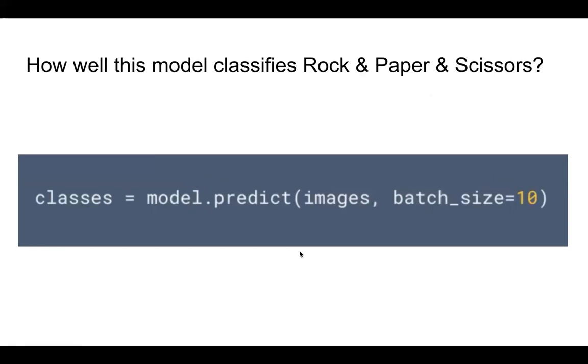And to predict how good our model classifies rock and paper and scissors, we're gonna use the predict method and give our model some new images to see the results.